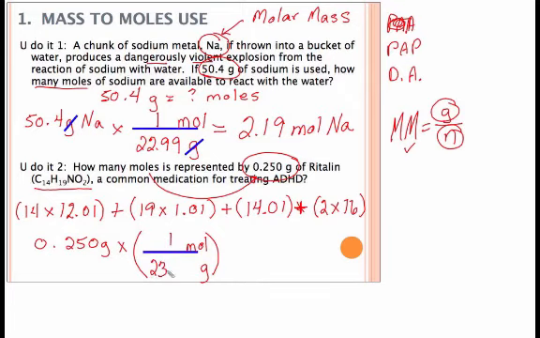For every 1 mole, that if we added all that up above, we'd have 233.34 grams. Again, make sure your units cancel. They're in the numerator and the denominator, and when units are opposing like that, they'll cancel, and we get 1.07 to 3 sig figs times 10 to the minus 3 moles of Ritalin.